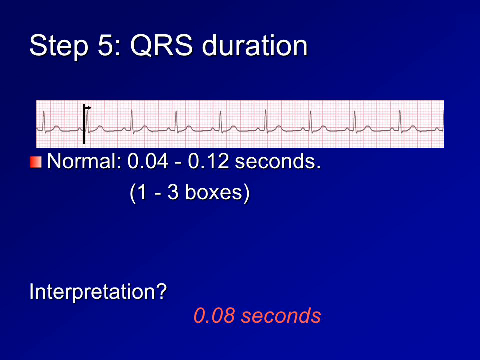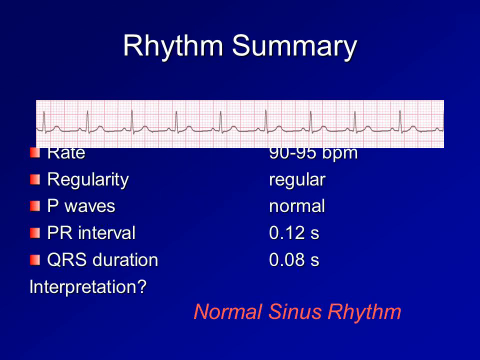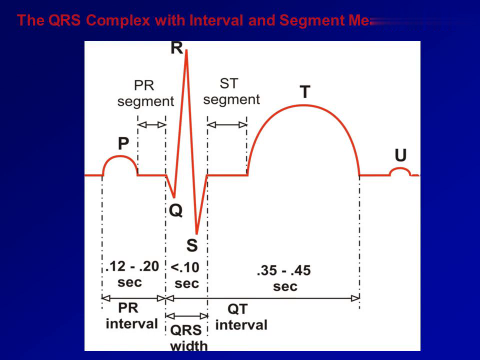Interpretation: 0.08 seconds. Rhythm summary: normal sinus rhythm, rate 90 to 95 BPM, regularity regular, P waves normal, PR interval 0.12 s, QRS duration 0.08 s. Interpretation: normal sinus rhythm. The QRS complex with interval and segment measurements.